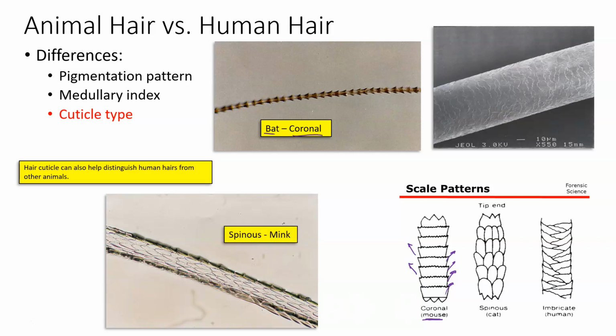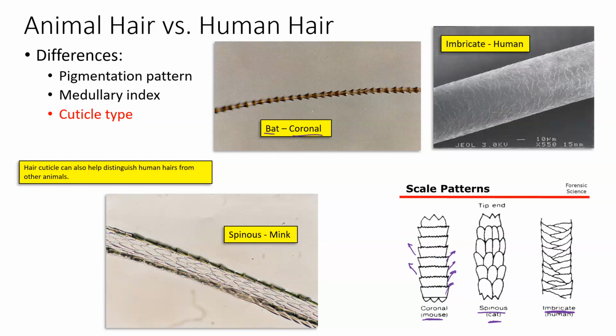A mink or a cat have what we call a spinous scale pattern or a spinous cuticle type. It looks almost like snake scales, where they are a lot more pronounced than the scales of human hair. Humans have what we call an imbricate pattern or scale pattern.